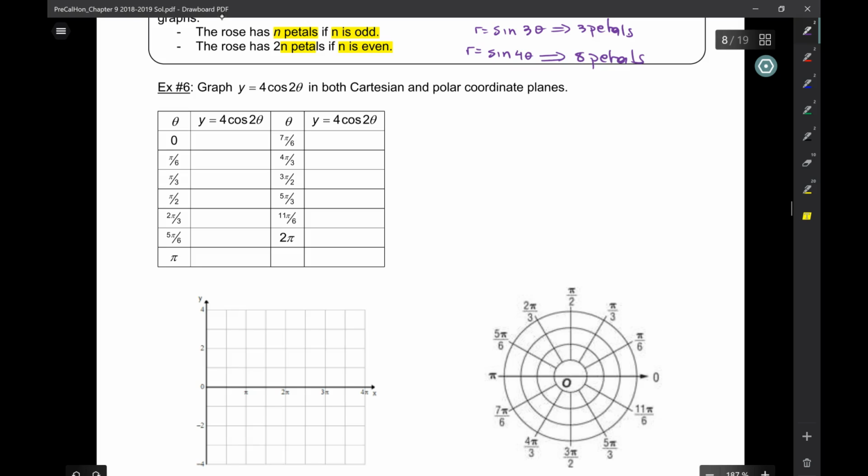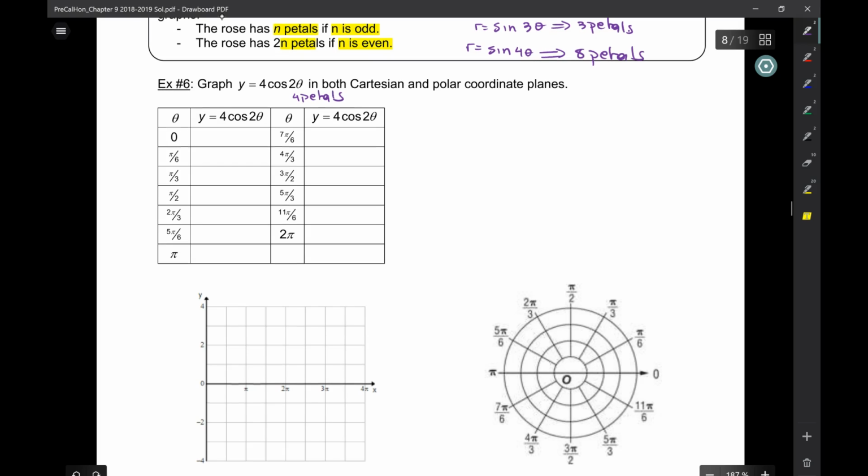Oh, sorry. All right, so at 0, it's 4, then 2, then negative 4, negative 2, 2, wait, I did it at 2 pi over 3. All right, hang on, I messed it up.